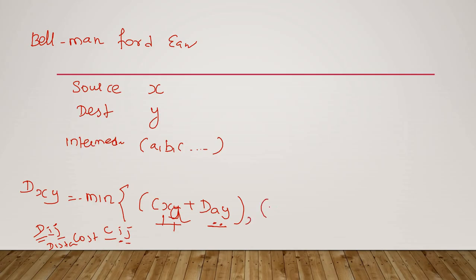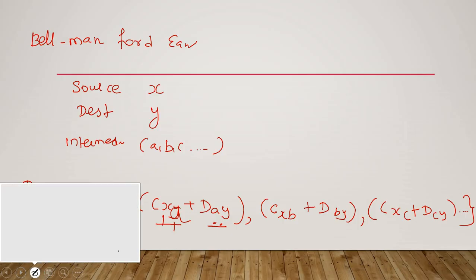Similarly for all the intermediate nodes: the cost of x and b plus the distance between b and y, and the cost of xc plus the distance between c and y. We calculate all these and then take the minimum. That is the working principle of the Bellman-Ford equation.